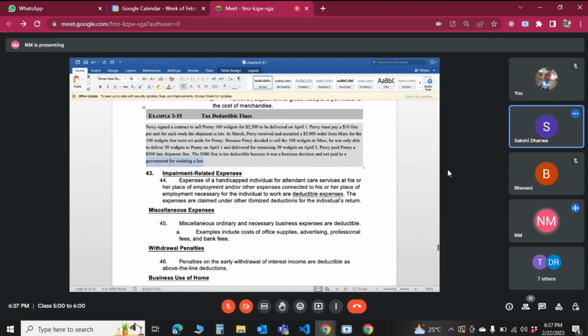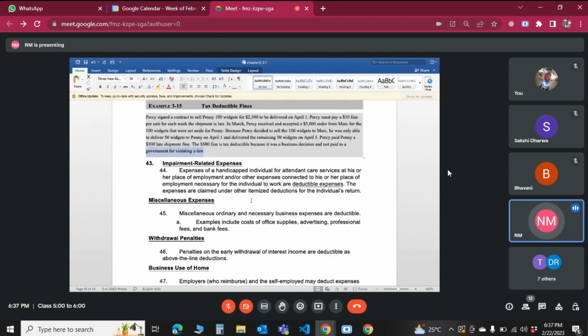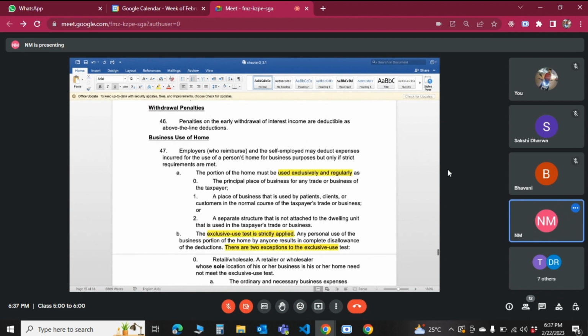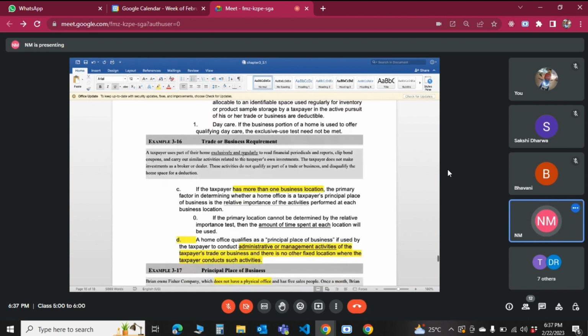Okay, ma'am. That's why they're deductible. If we are not paying GST in time, we are violating the law and we are incurring a penalty or something, those are not deductible as an expense. Okay?